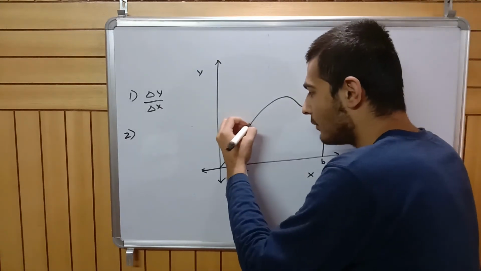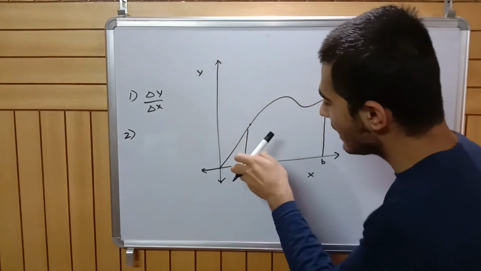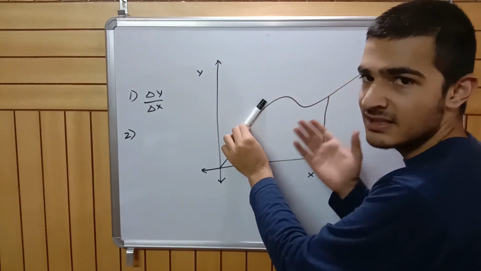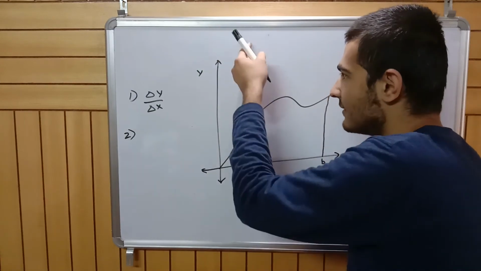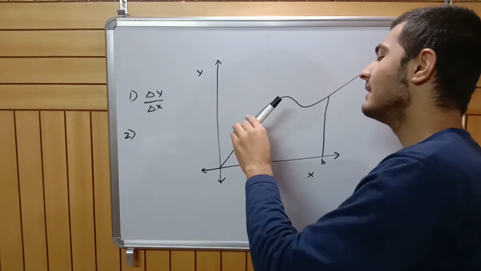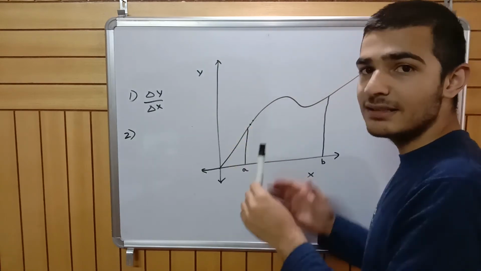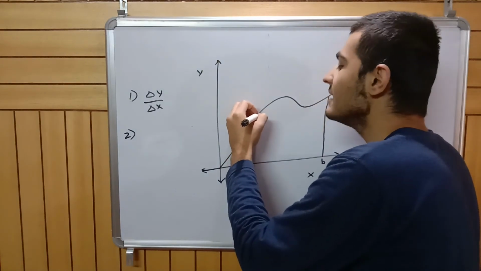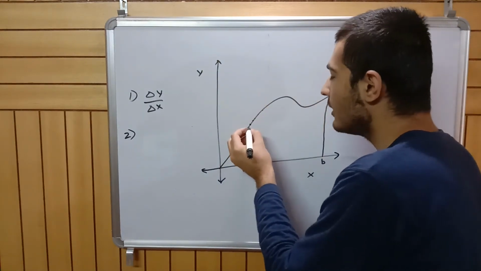Let's say I take this point. At this point I draw a tangent, which will be somewhat like this. I find the slope of this, which is a number. I write that somewhere. Then I take the next point, make a tangent at that point, find the slope, and add that there. And I do that for as many points as possible from this point to this point.